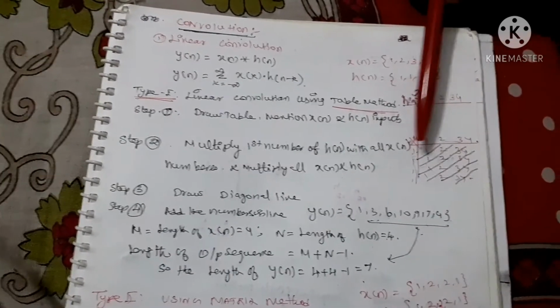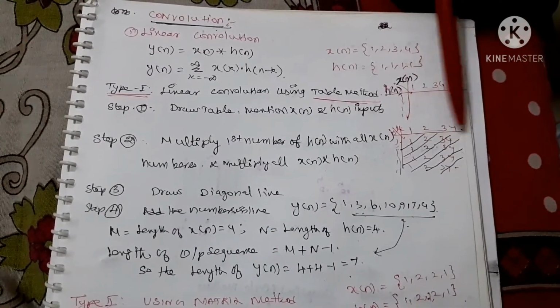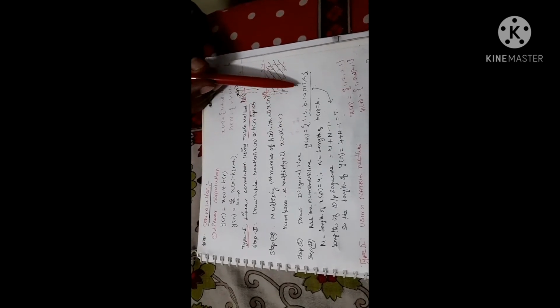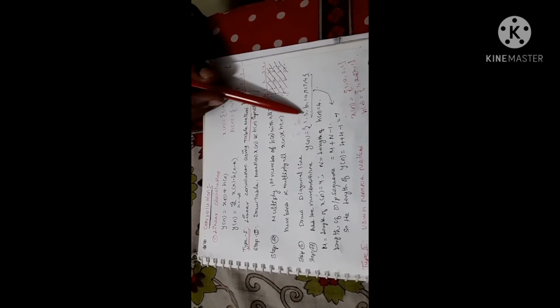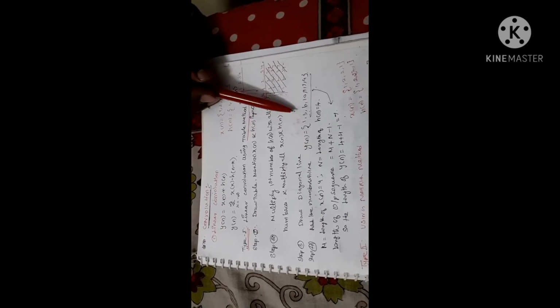Then the last line 1 2 3 4, you add the values and we get 10. Then the next line you add the values, you get 9, then 7, 4, like that. So the total response y of n equals 1 3 6 10 9 7 4. So 7 values, so 7 outputs.